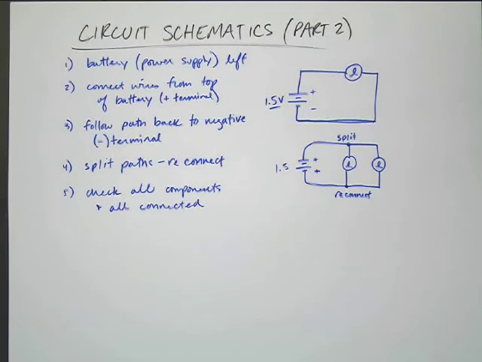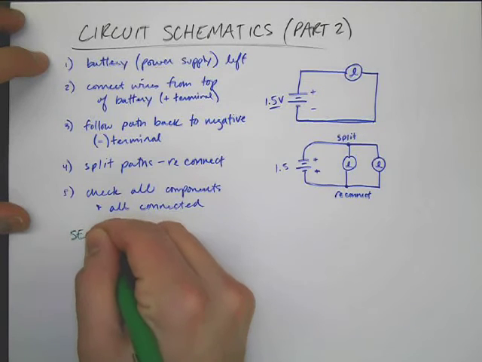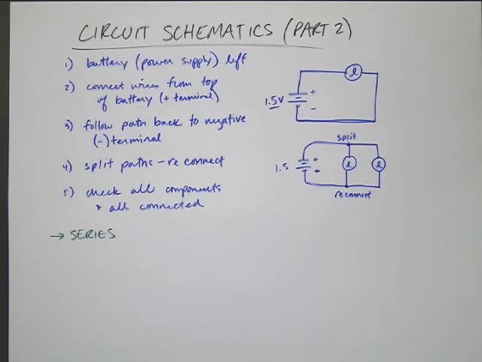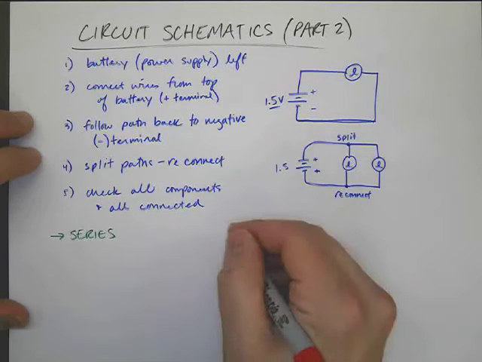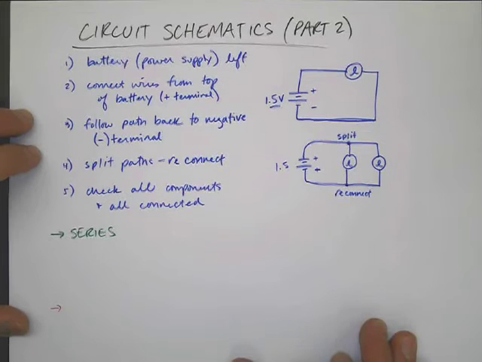Okay. Now, when you're building schematics, there's 2 different ways we can connect an object. There's what we call a series connection, and there's what we call a parallel connection.